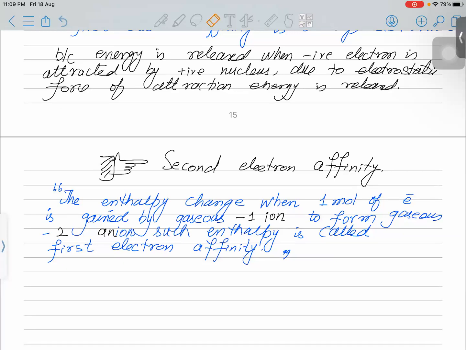Such enthalpy is called second electron affinity. Are you getting my point? Yes, sir.